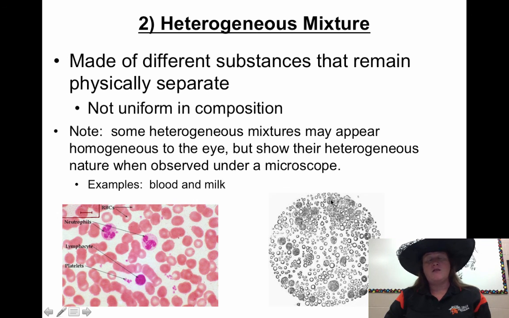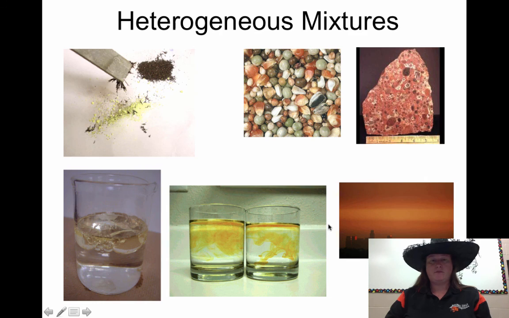Milk is another one. You can see protein, you can see fat globules, water. So milk is actually a heterogeneous mixture. Again, microscopically, you can see distinct components that remain physically separate. Here are some more heterogeneous mixtures. Oil and water. The oil is less dense than the water.